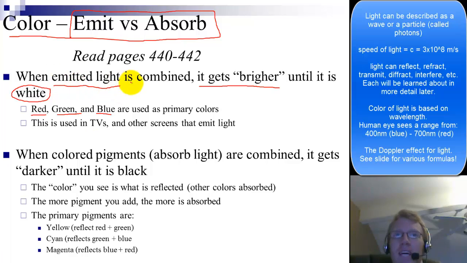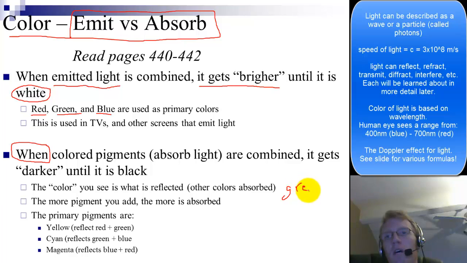Okay, so that's light being emitted. The second option is that light could be absorbed. And as we said, for most everyday objects, the light is hitting it and bouncing off. And so in that case, the color you see is actually whatever light is being reflected, not whatever light is being absorbed. Suppose you see something that's green.